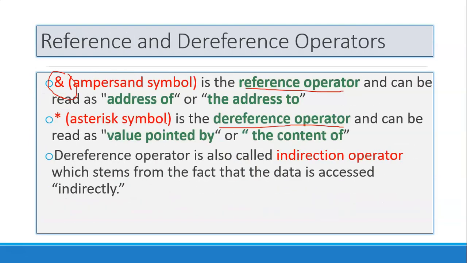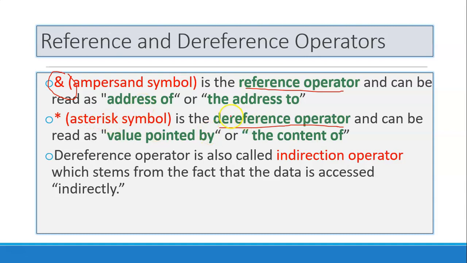So that is called the reference operator. We read it not as ampersand, but as the address of or the address to. So the ampersand symbol, as used in the example shown, is the address of operator or reference operator. So we say address of num as in our example.